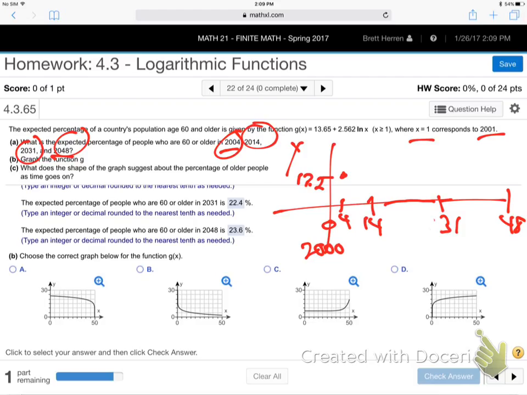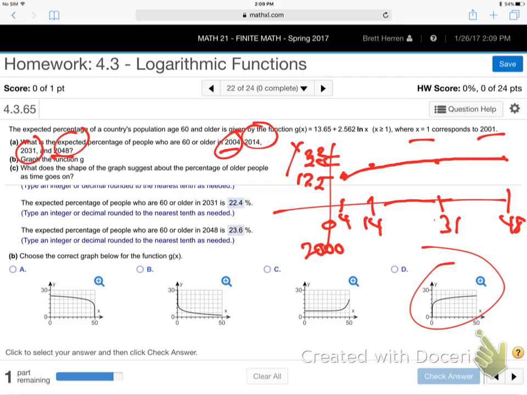It was a little higher. And then the 31? 22. It's not much higher. And the last one, the 48? 23.6. So you see they just slowly go up. So it's D. It's a slow growth function. That's what natural log looks like. Remember how we talked about that. Slow growth.